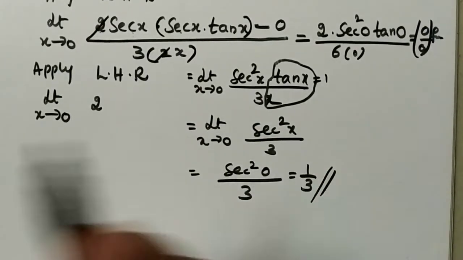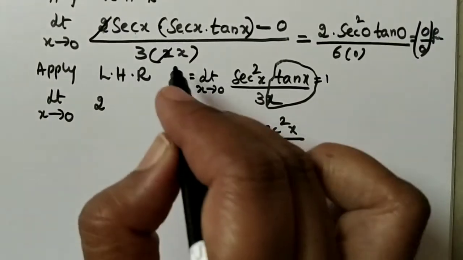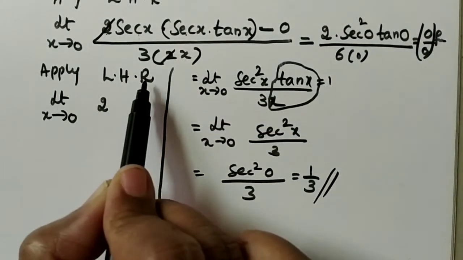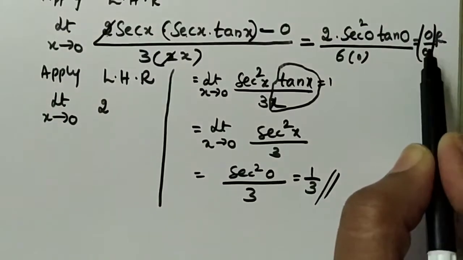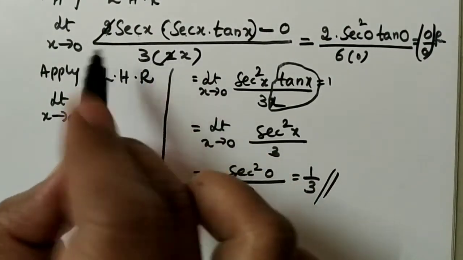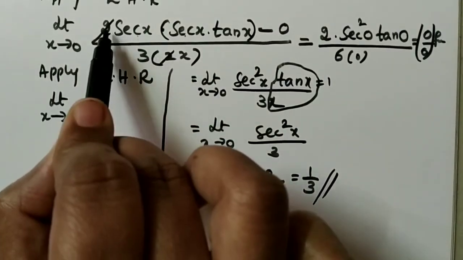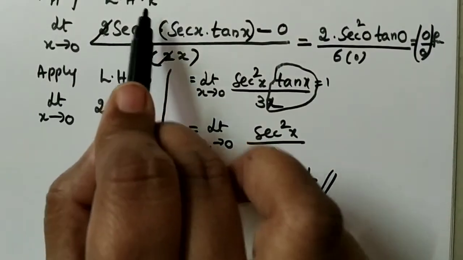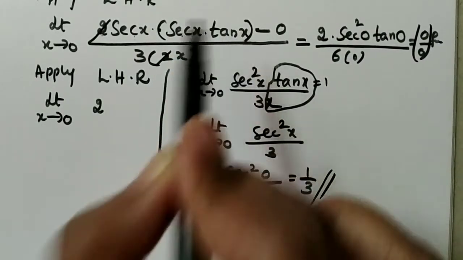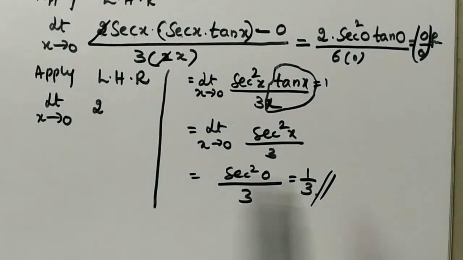So here there are 2 methods to remember. One is to apply L'Hospital rule. Once it is 0 by 0 form, apply L'Hospital rule, limit x tends to 0, cancel the 2, secant square x into tan x, u into v formula apply, then you will get the same answer.